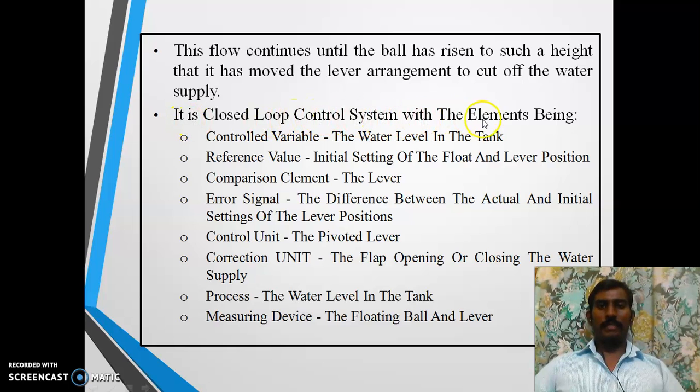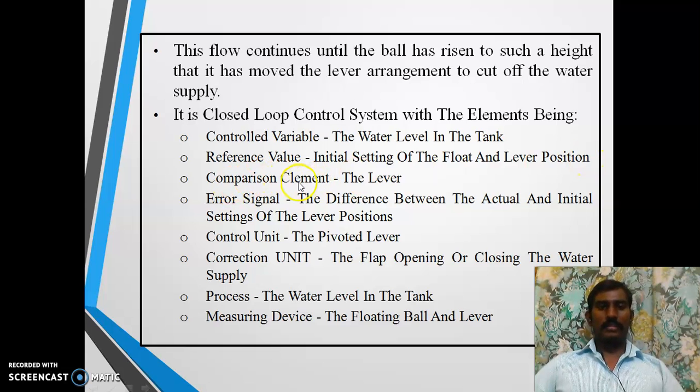control system with the elements: controlled variable, reference value, comparison element, error signal, control unit, correction unit, process, measuring device. So the control unit is used to control the water level in the tank. Reference value: initial setting of float and lever position.